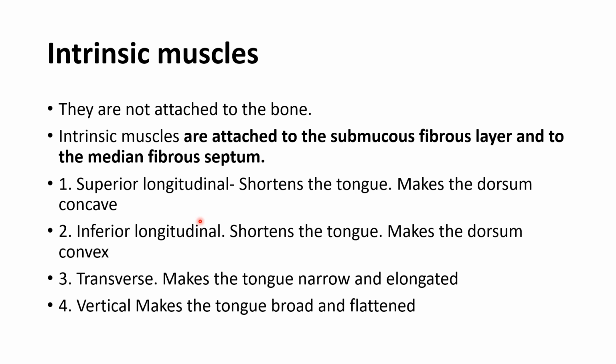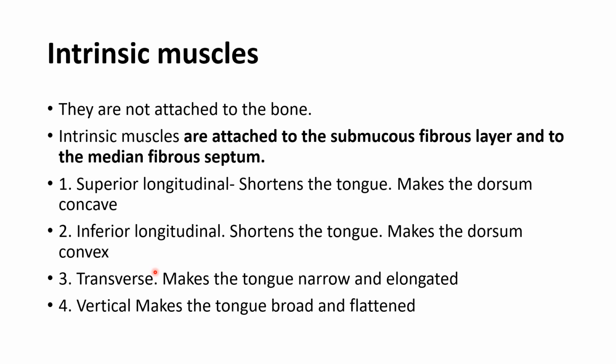Now let's see one by one the functions, which is important to know. There are two muscles that will shorten the tongue, which are the superior and inferior longitudinal muscles. These will shorten the tongue, and the transverse intrinsic muscle of the tongue will elongate the tongue.